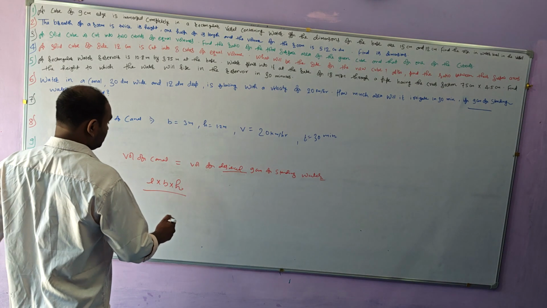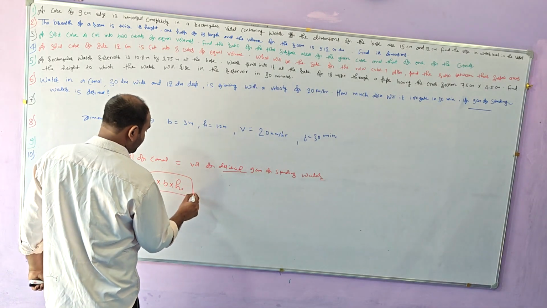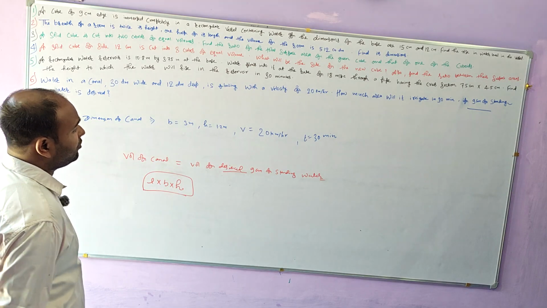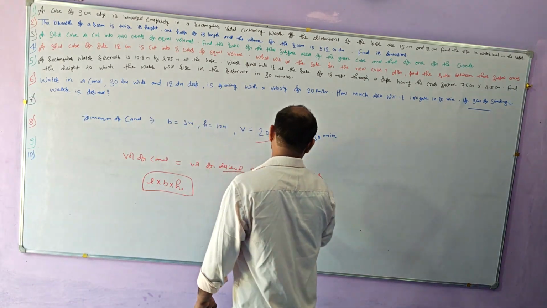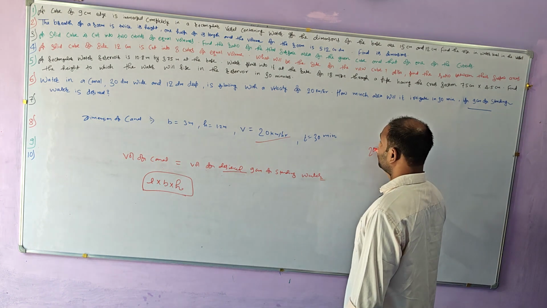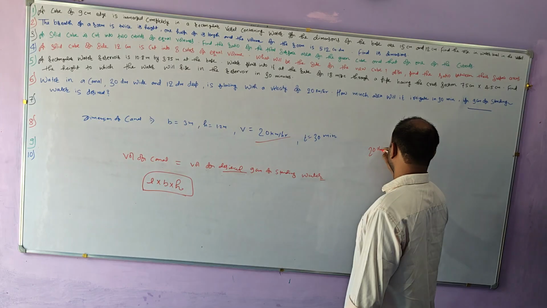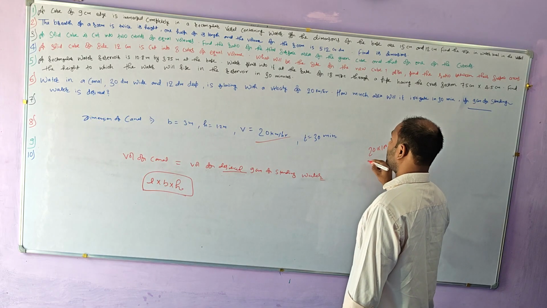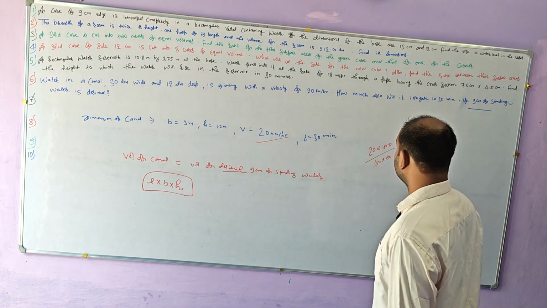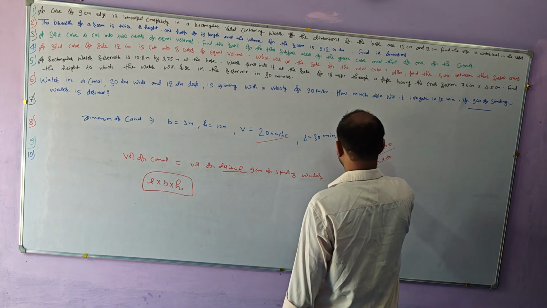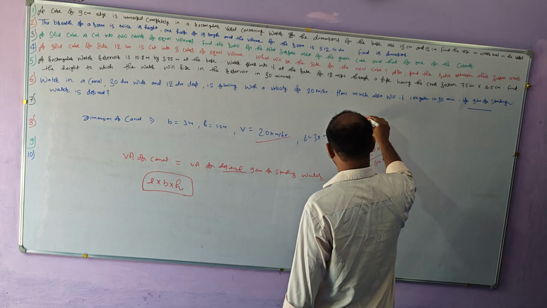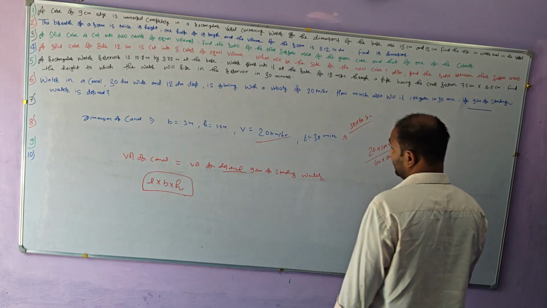So, and we know S is equal to Vt. So we convert it into meter per second, 20 into 1000 upon 60 into 60. And we can also convert into seconds, 30 into 60. That's going to be in seconds.